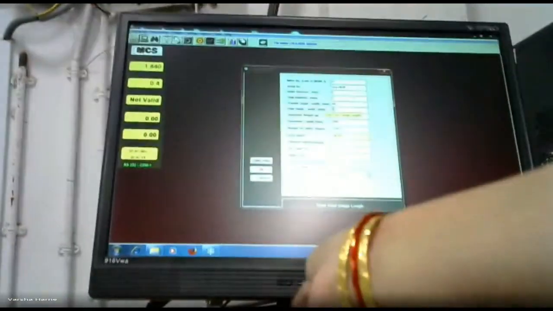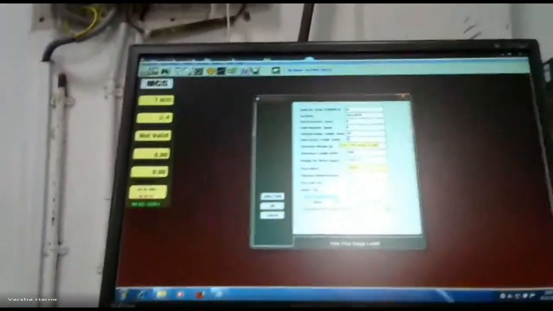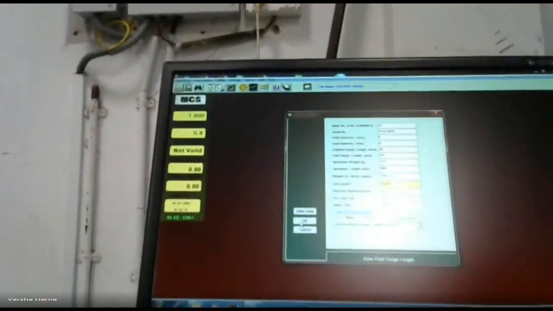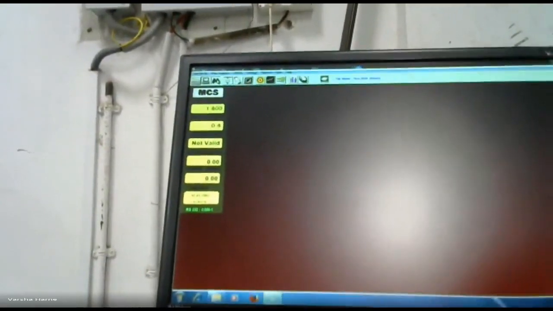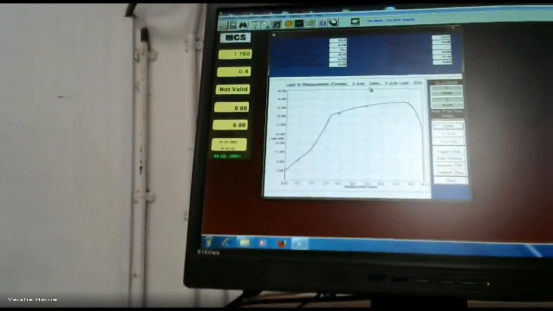Clear? So we have to measure the dimension. Measure for this. It is 50. We have to put here the value 50. Okay, and then we have to check our graph also. Now see here, the elongation is 25%.